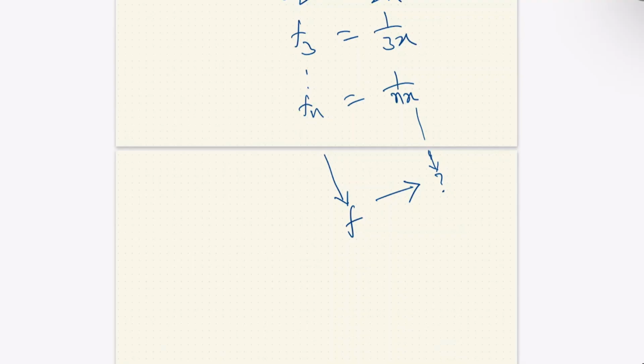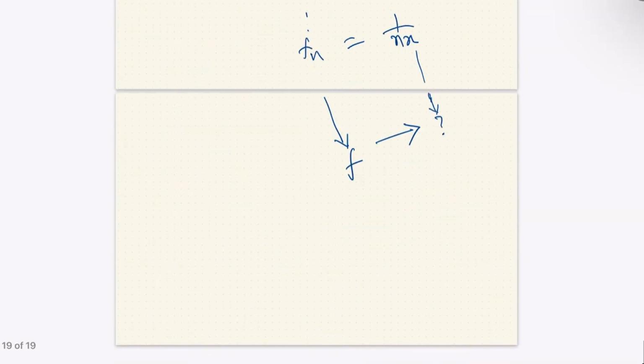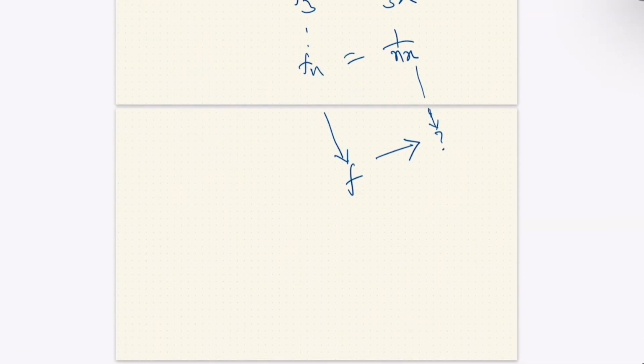Okay, then now think of what is the domain. The domain which takes you to the zero: the set of all x's for which fn converges to f. Sir, all real numbers except 0, sir.